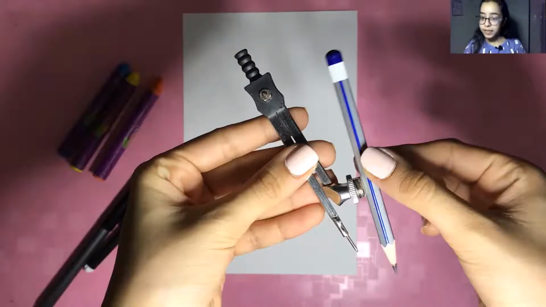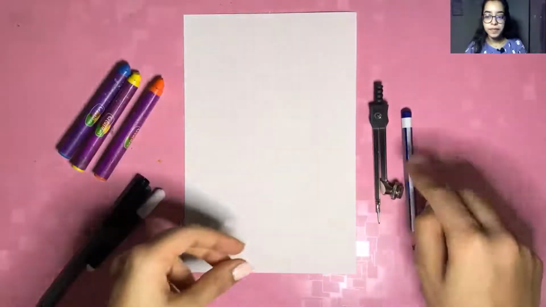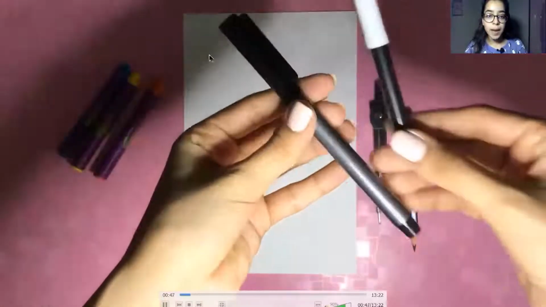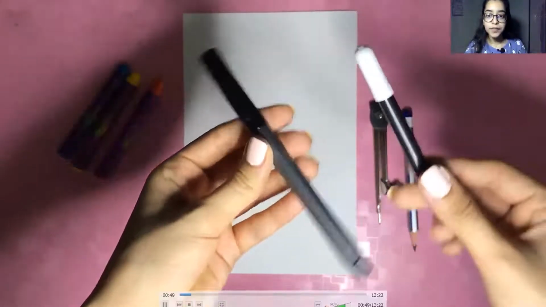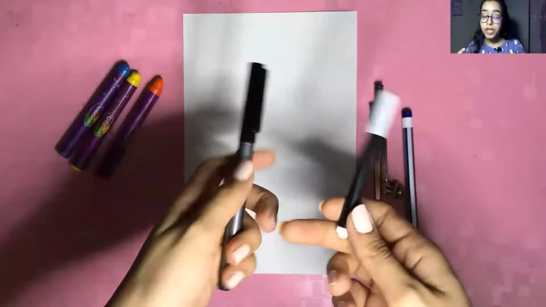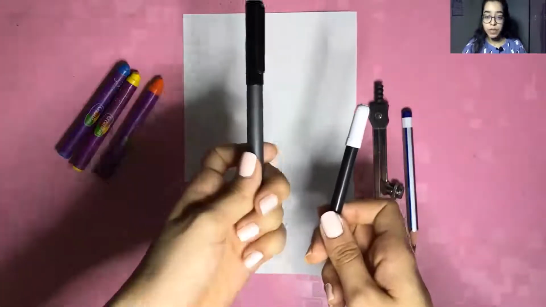Awesome. Next, what we need over here is number 4. These are some black sketch pens that I have. You can either use a black ball pen, a black gel pen, or, if you don't have a black pen, any other colored sketch pen available at your place.